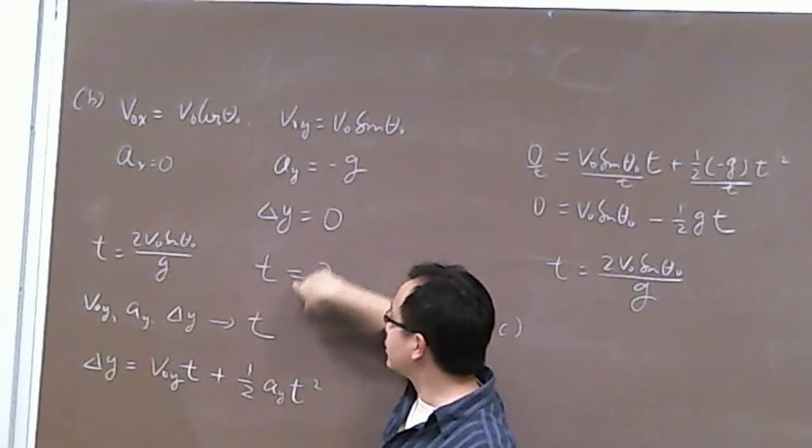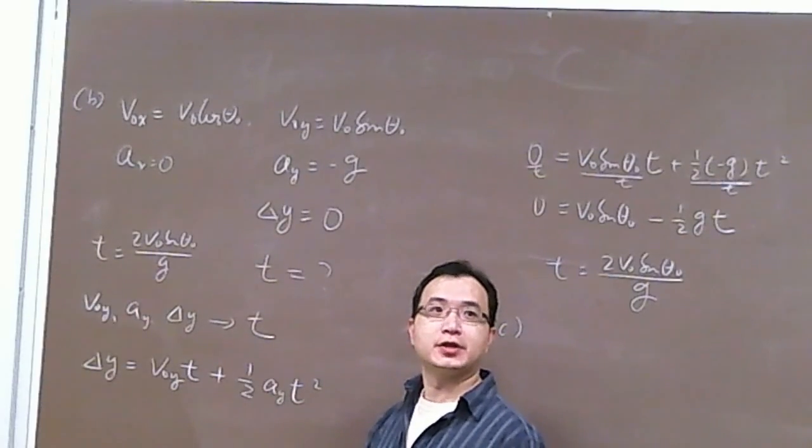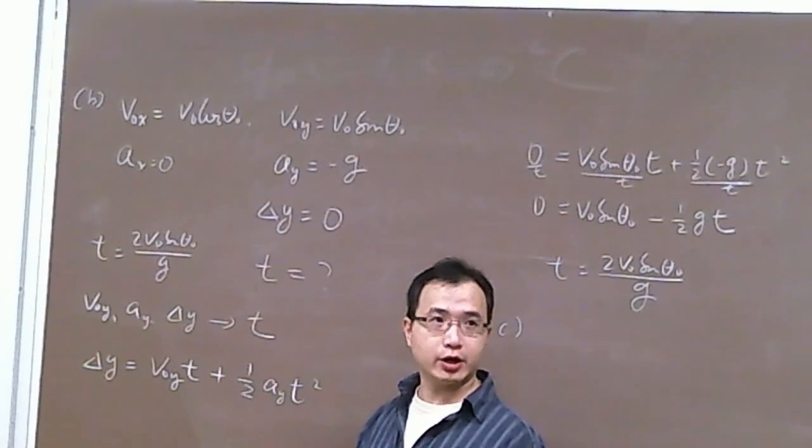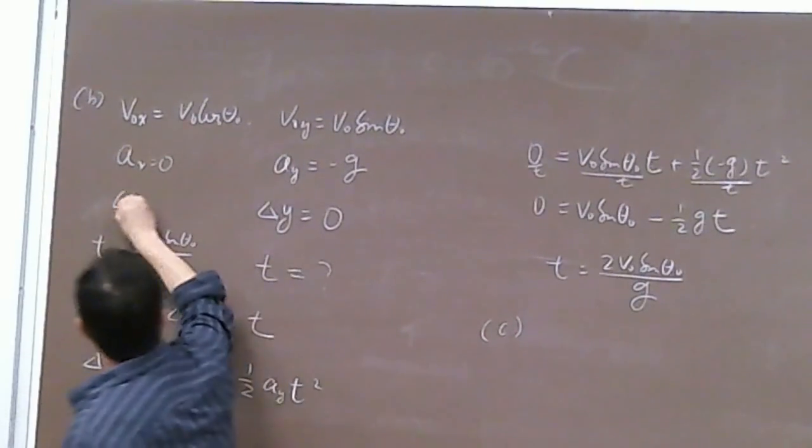You can get time from the y direction. X direction and y direction, of course, share the same time. Time is the same for any direction. So you can use this time here and go back to calculate delta x.